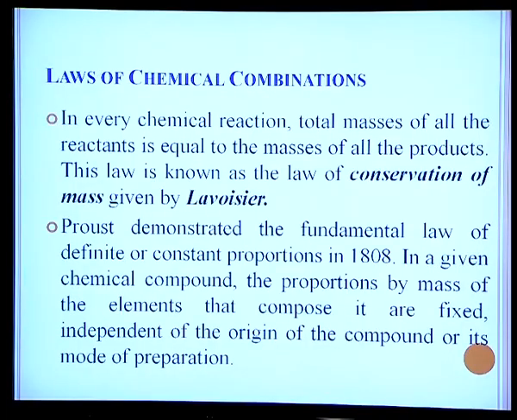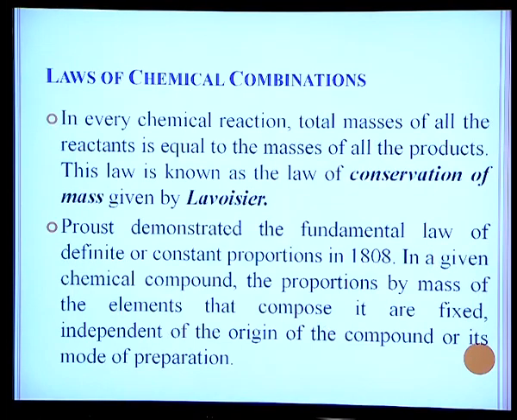Now, the laws of chemical combination. In every chemical reaction, the total mass of all the reactants is equal to the mass of all the products. This law is known as the law of conservation of mass, given by Lavoisier.